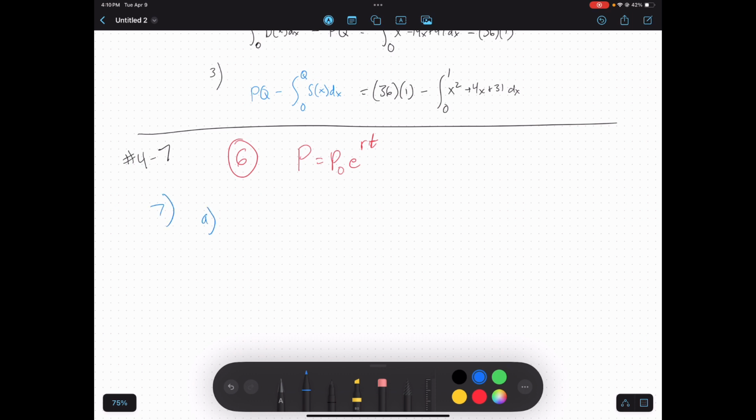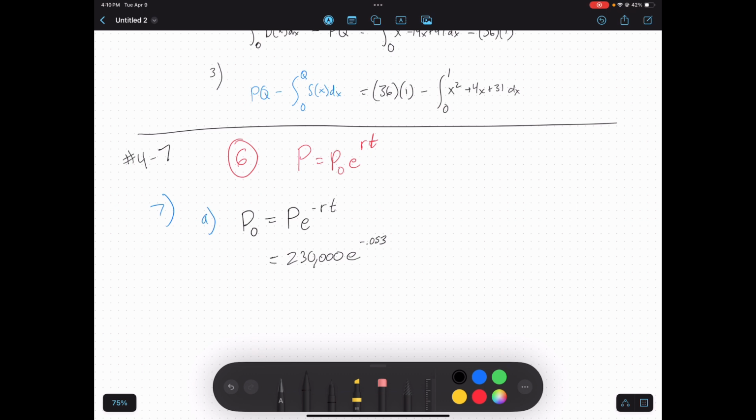Well, in number 7, you can solve for part A using that present value formula, right? If I want to find my initial value, I can do the future value times e to the negative RT, where R is your interest rate and T is the amount of time. So for my problem, my future value is 230,000, and my rate is 5.3%, so 0.053.